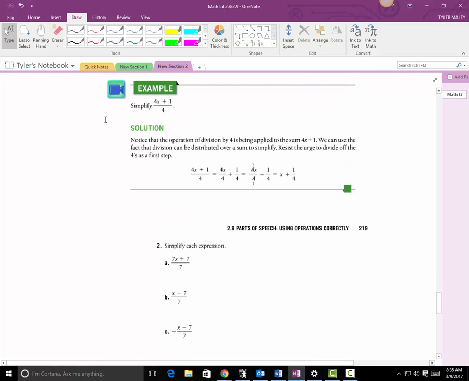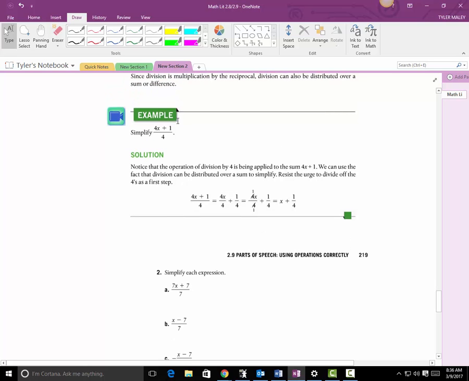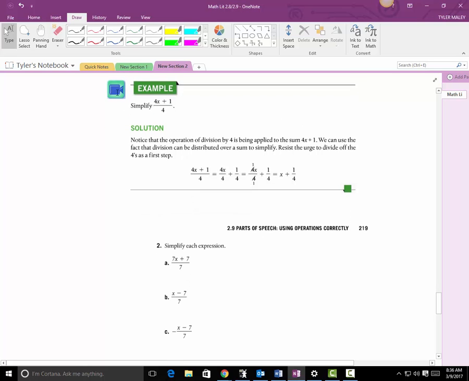All right. So next, you're given an example, and you're asked to simplify, and then we're given a solution. When you're looking through this in the e-text, I encourage you to click on this link here and watch the video, where the author works through this example.